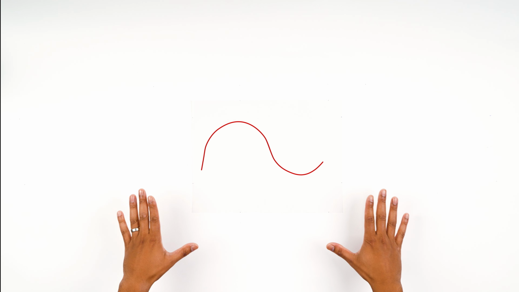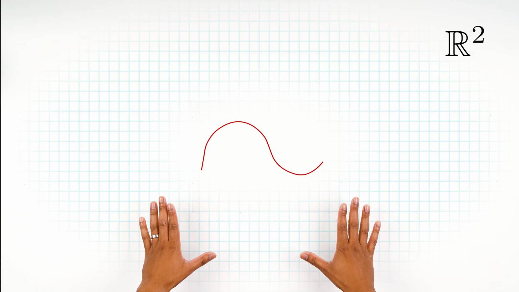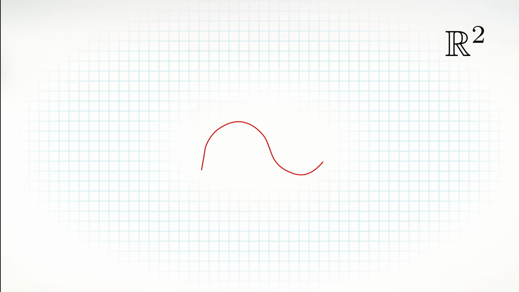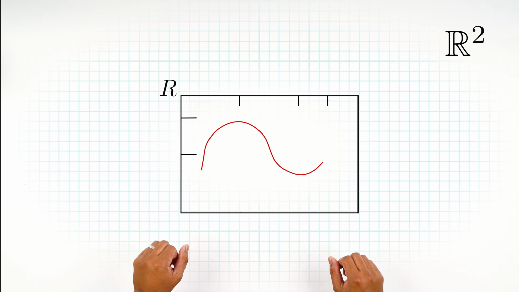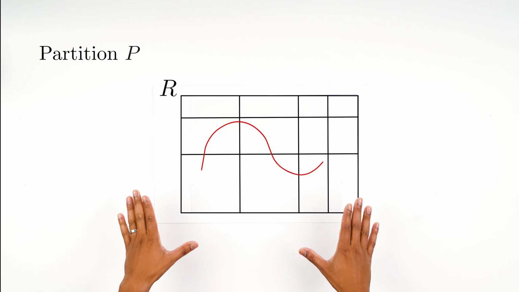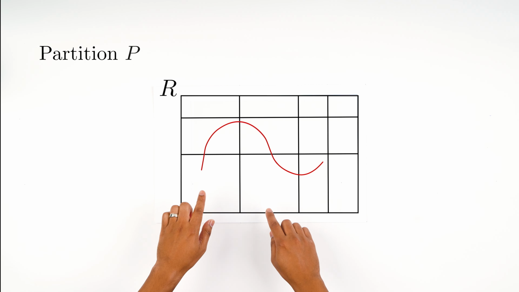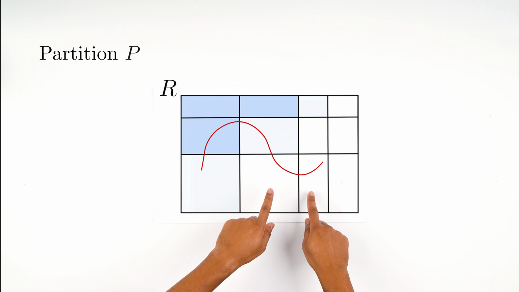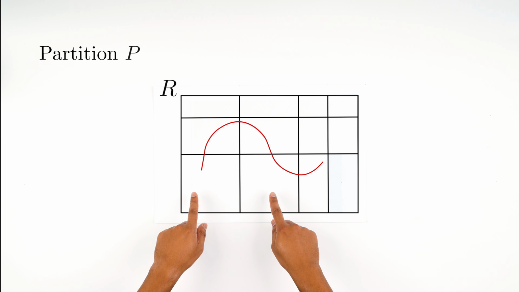This curve lies in two-dimensional space. We place our curve inside a rectangle R with a partition P. Since it is a partition, notice the subrectangle interiors do not overlap.